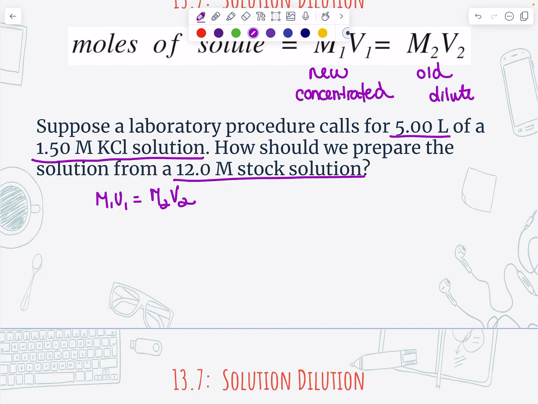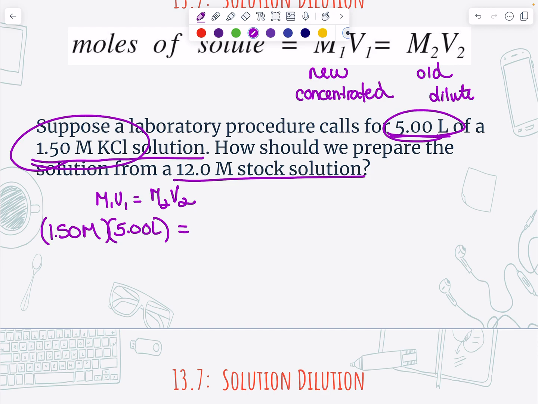So the dilute numbers that I'm going to use, I know that I'm going to need to have a 1.50 molarity solution, and I know that volume is going to be 5.00 liters. I know that the stock solution that I'm going to use is 12.0 molarity, but I don't know how much of that I'm going to need to remove. I don't know my second volume. So using algebra, I divide both sides by 12.0 molarity.